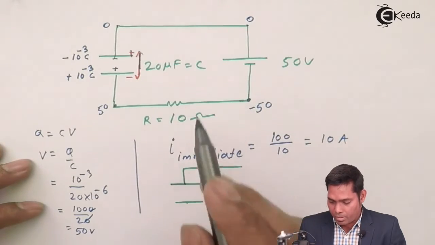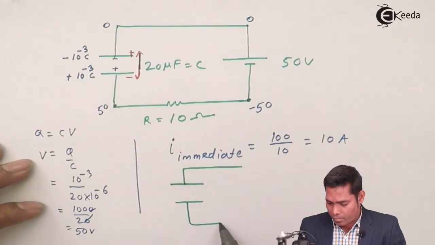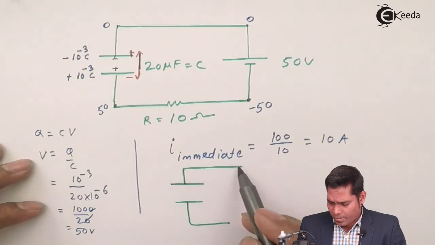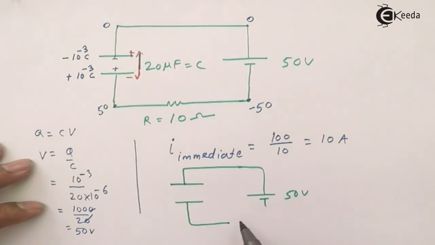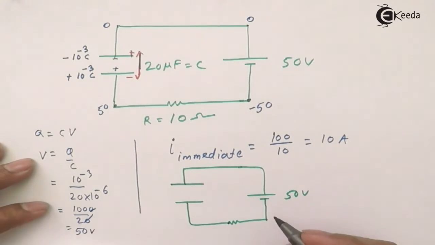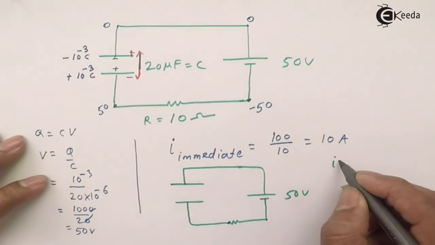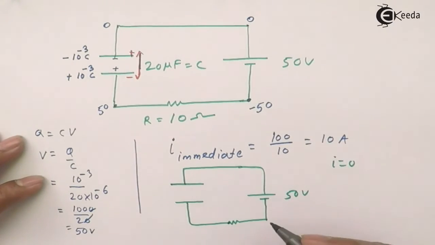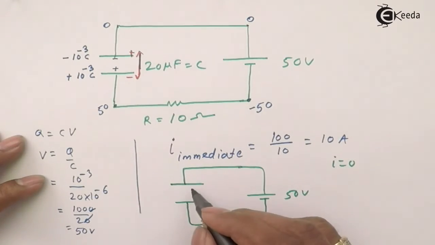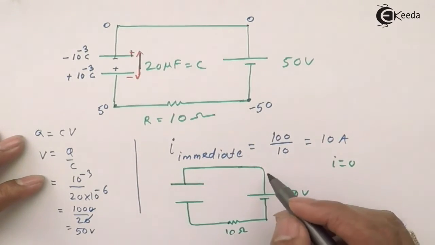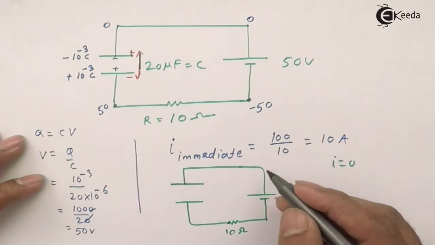This is for this one, and we have a battery over here, 50 volt, and the resistance is there. After a very long time the current in the circuit will be 0. There is no use of resistance, but still I am just drawing it.